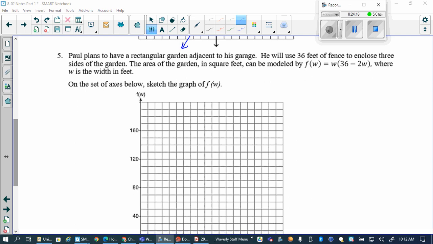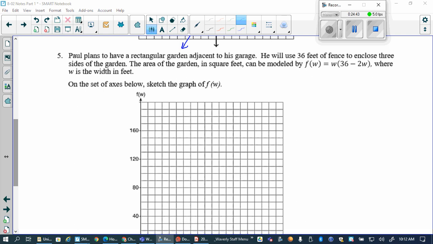What else does it tell us about this garden, Tammy? What else do the words tell us about the garden? We've got that it's rectangular. We've got he's using 36 feet of fence. It can be modeled by the function f of w equals... What can be modeled by the function?